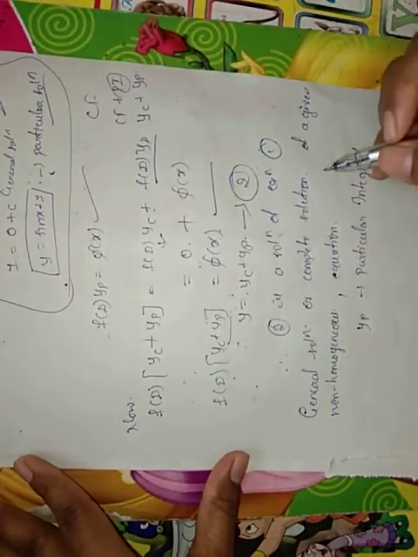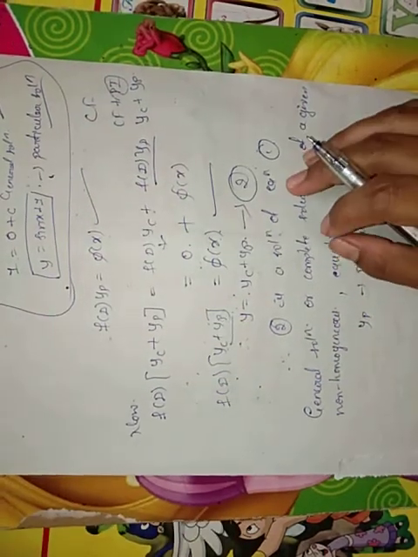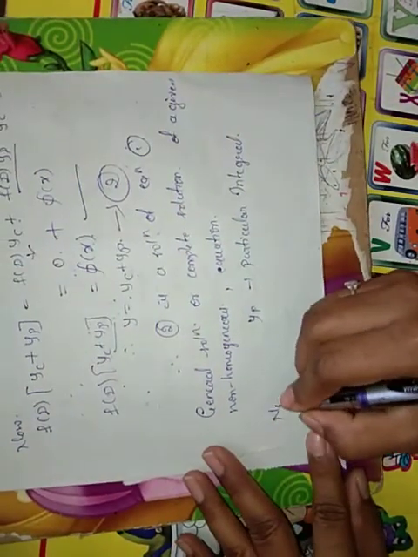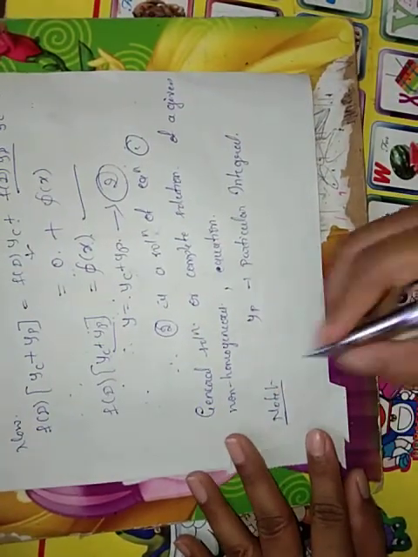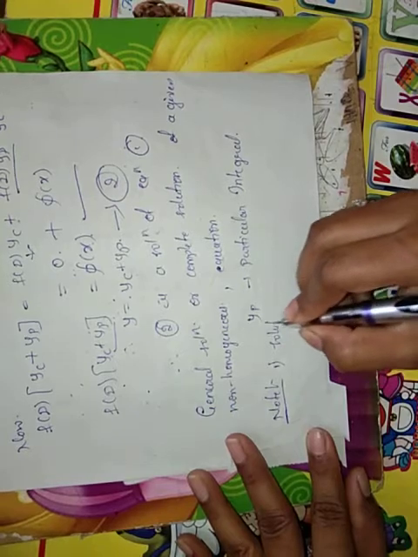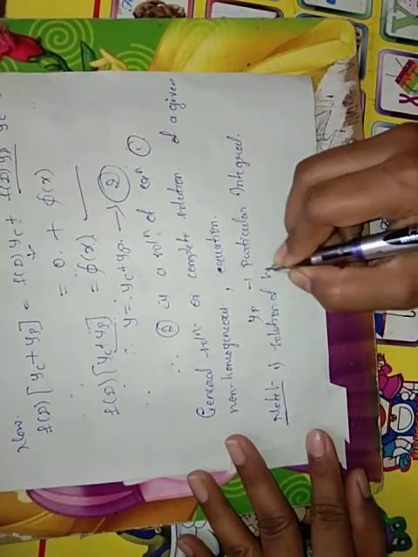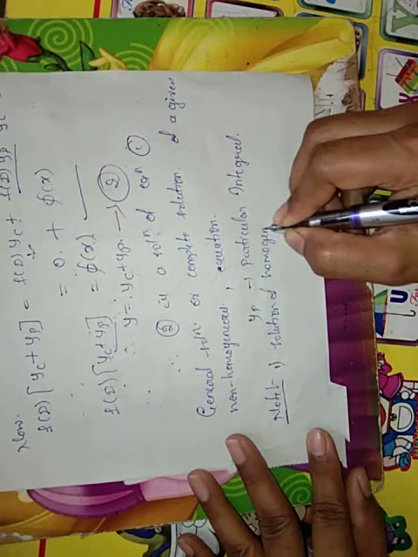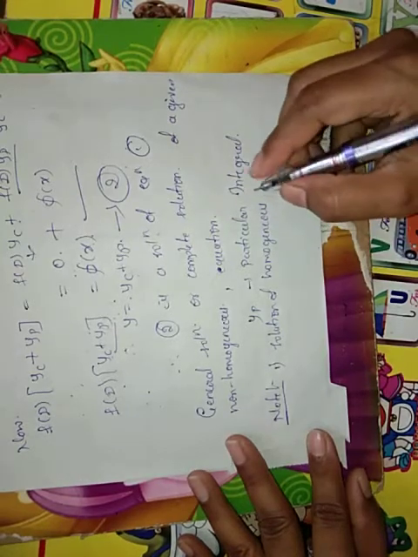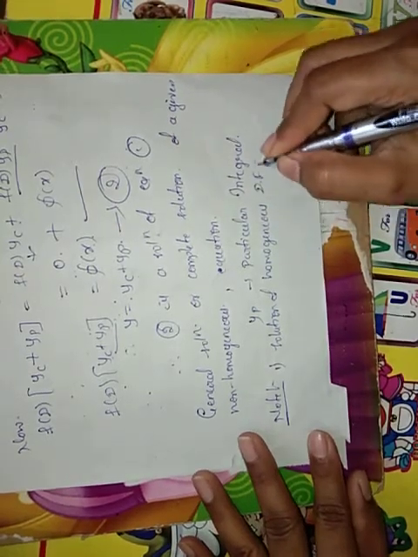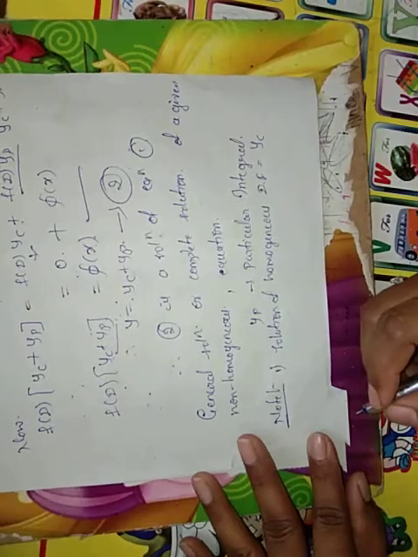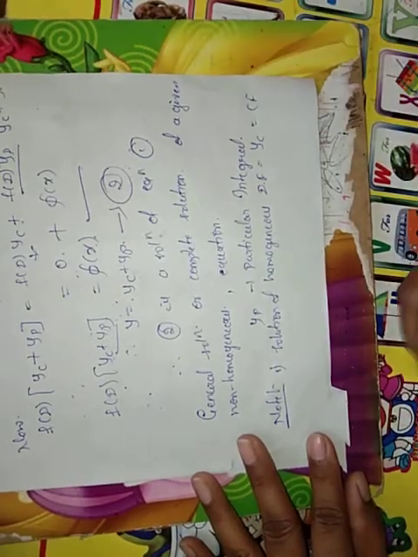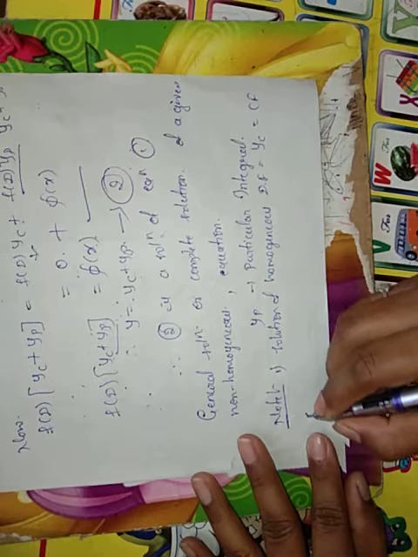So all this derivation is not needed. Simply we need to know the solution of the non-homogeneous and homogeneous equations. If you simply remember this note, that is sufficient. The solution of a homogeneous linear differential equation is equal to yc, or CF, which is nothing but the complementary function.